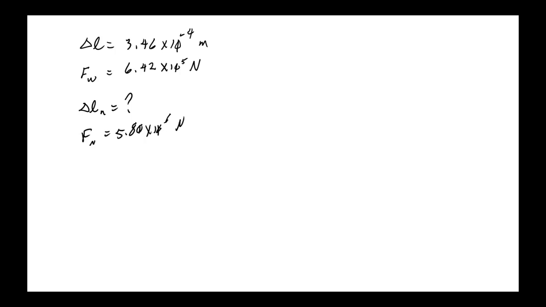First step, anybody? Which equation is that? Force divided by the change of length is equal to a constant. So the first thing we do is find the constant for this support column. Okay? And we've got those just like that.